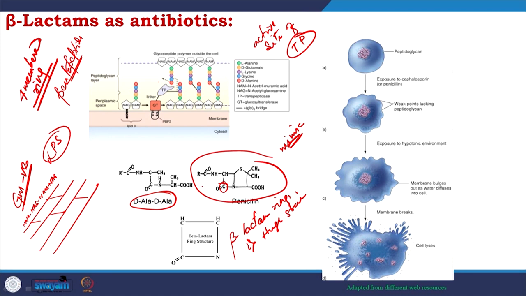There happens a very rare phenomenon. What is the rare phenomenon? The rare phenomenon is the formation of a covalent bond between an enzyme and the substrate.